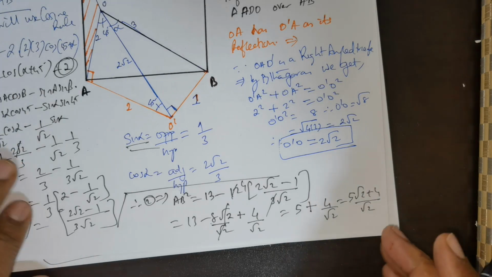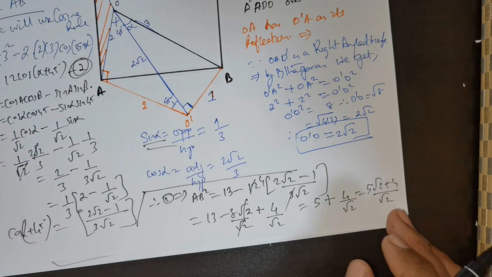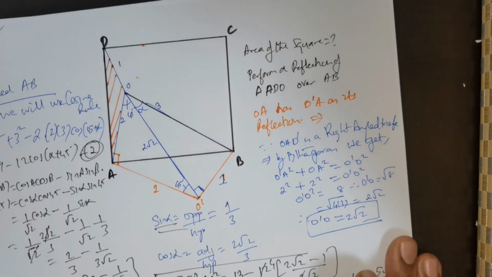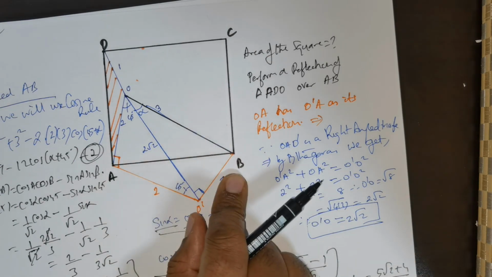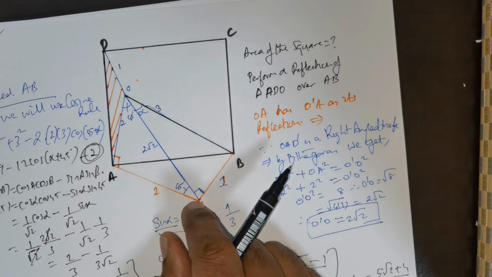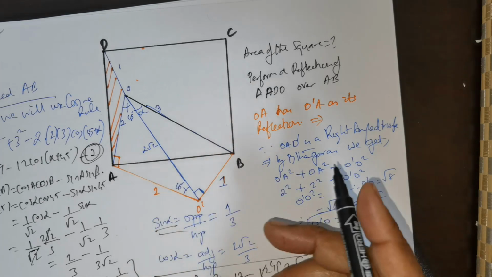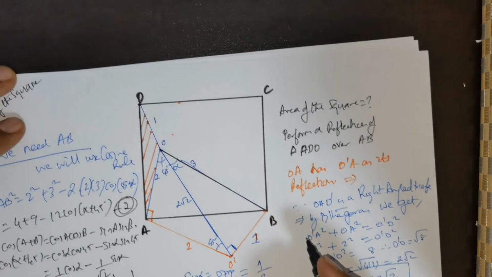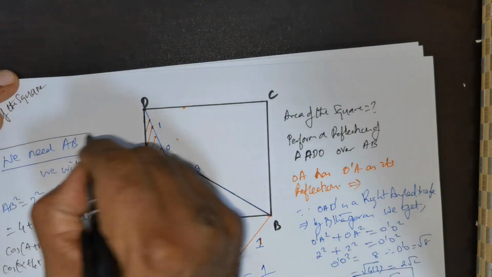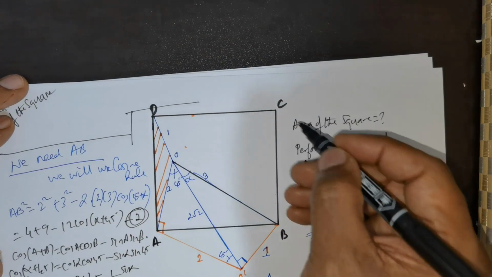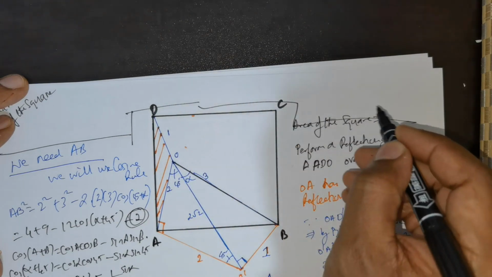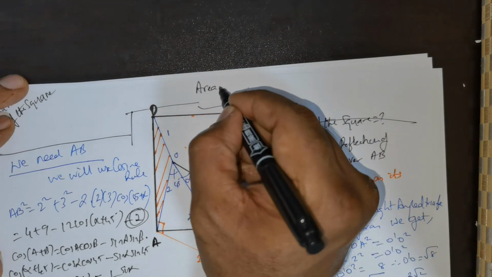Right? Now this is AB squared. So this is going to be AB, and we have to extract the value. But I don't have to take the square root. Why I don't have to take the square root? Because what is the area of the square?